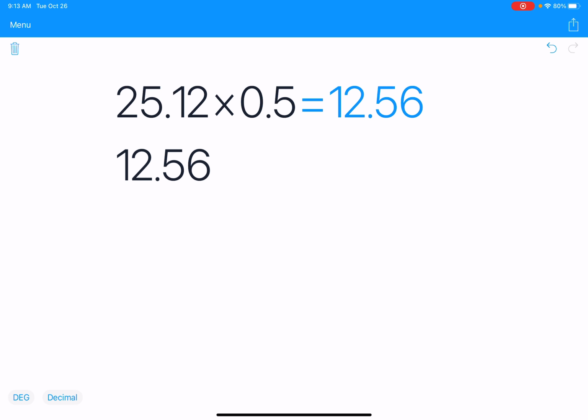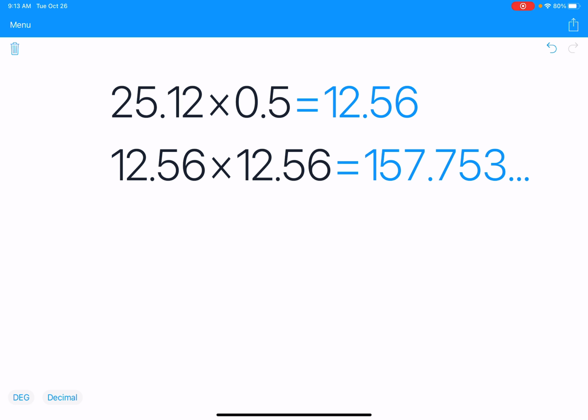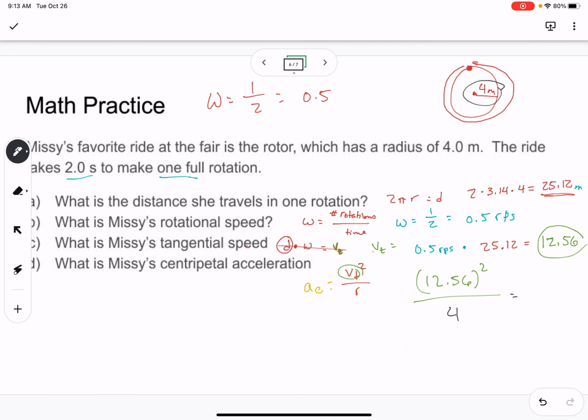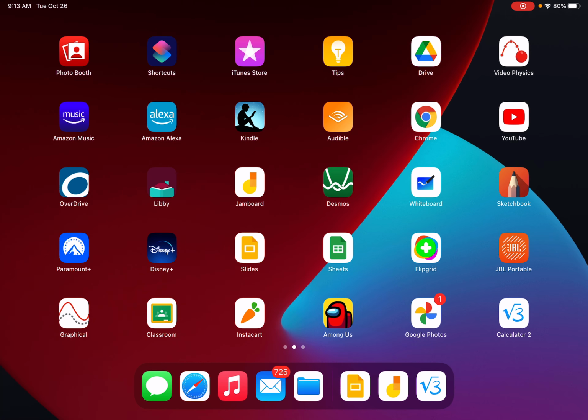12.56 times 12.56. There we go, 157.8 divided by R, and the R is 4.